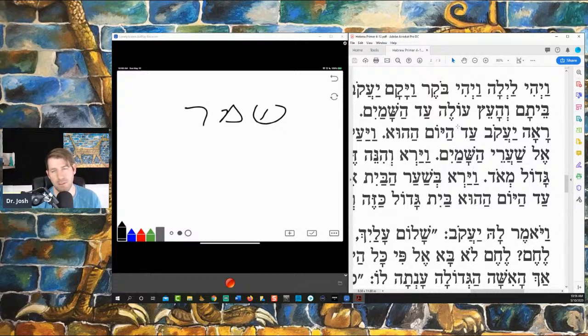So shin mem resh is to guard. So, oops, let's do it in a different color. O a, shomer. So o a is a pretty standard qal active participle, or pa'al active participle, vowel pattern.